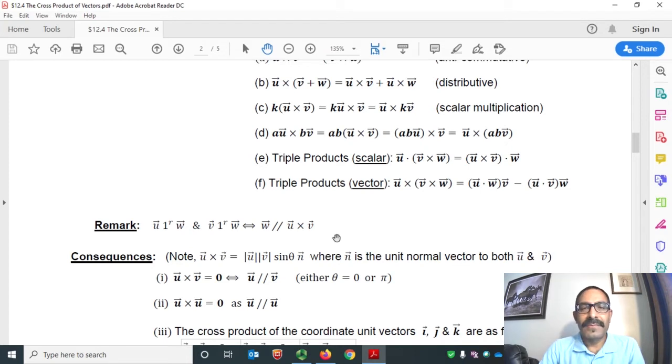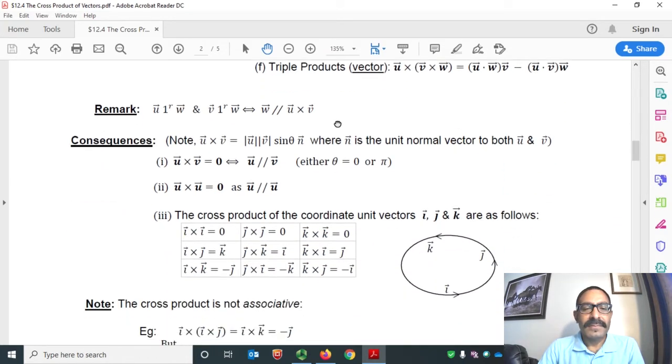Great. Let's move on. Some consequences from the definition of cross product in geometric form. We know U cross V equals magnitude of U, magnitude of V, sine theta, and the normal vector n.